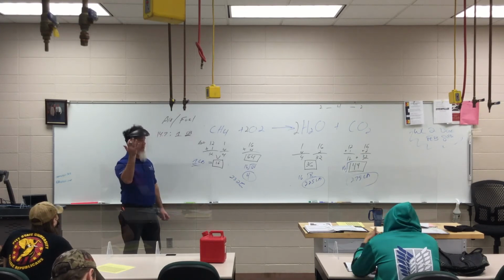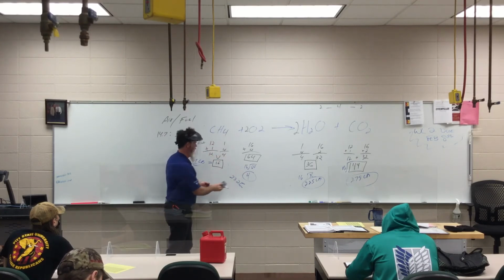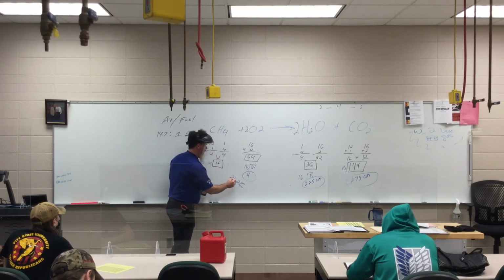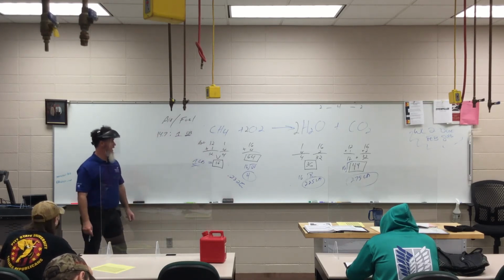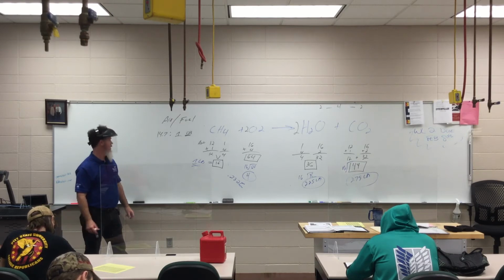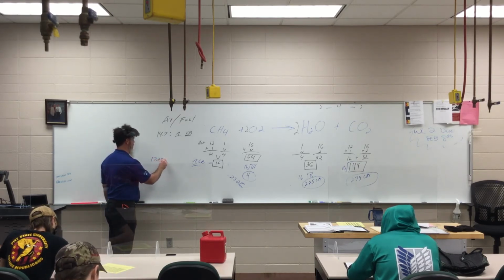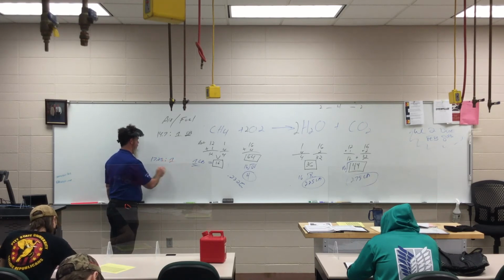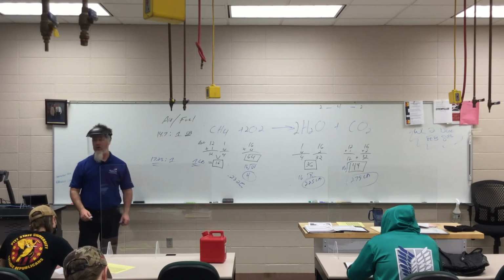So only about a quarter of the air is actually being used for this combustion process. So you simply put the 4 over the 0.232, see how many times that goes into 4, and what's my number? 17.24 to 1. So that's my air fuel ratio.